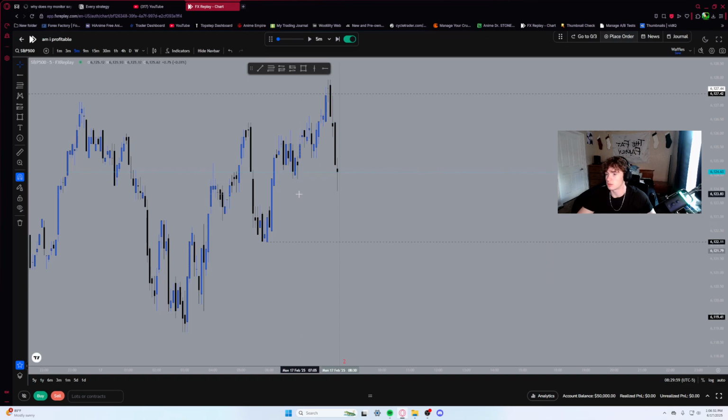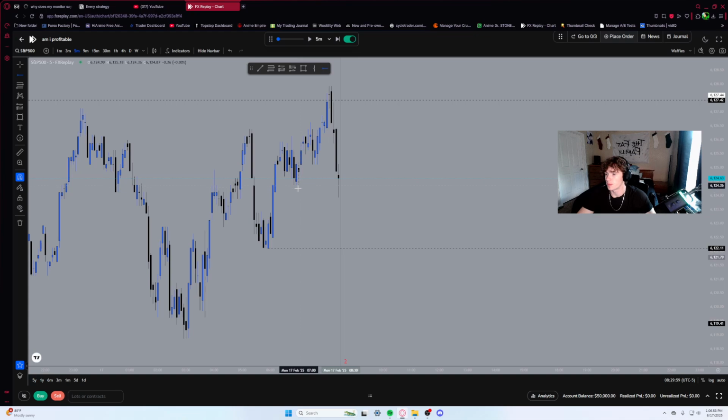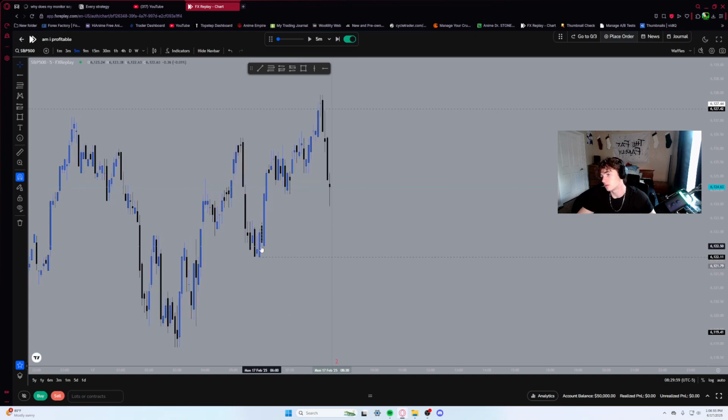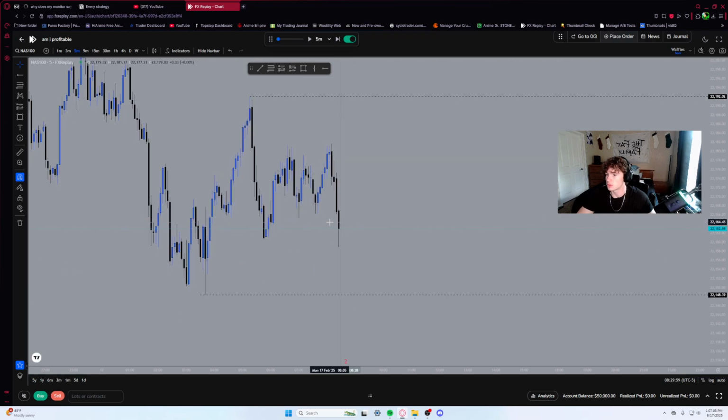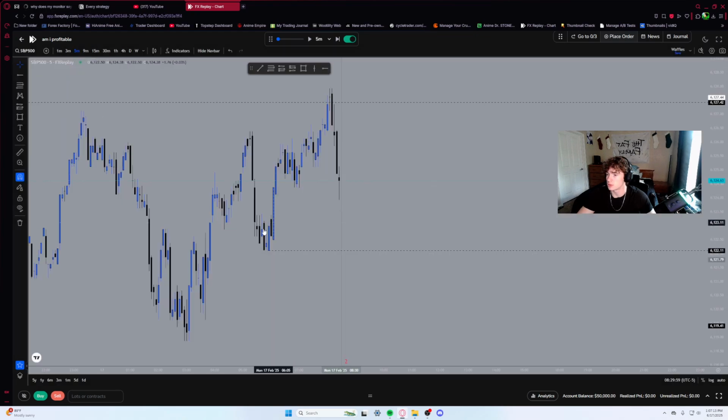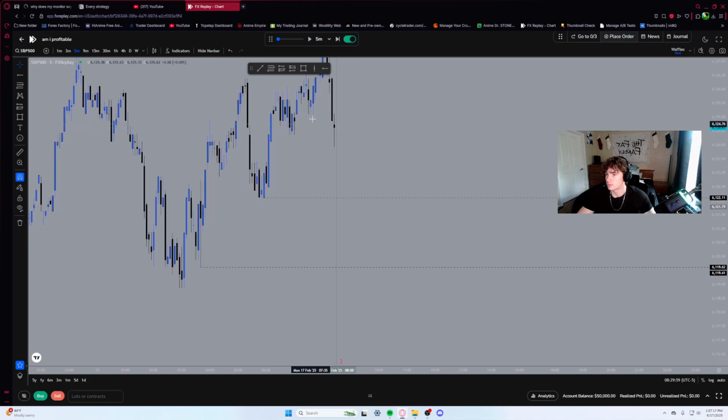Let's mark out these lows at 555. We already took out those lows. Okay, this could be an SMT right here. And this time at 340. Cool.